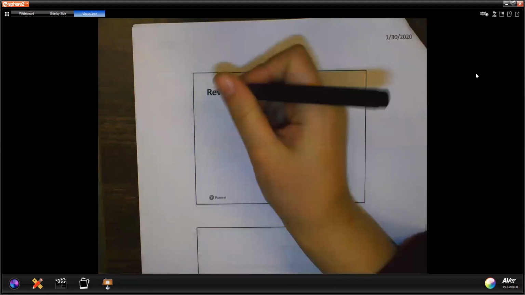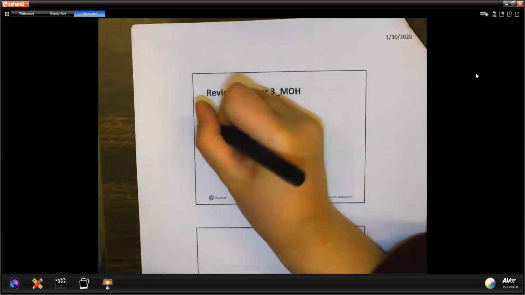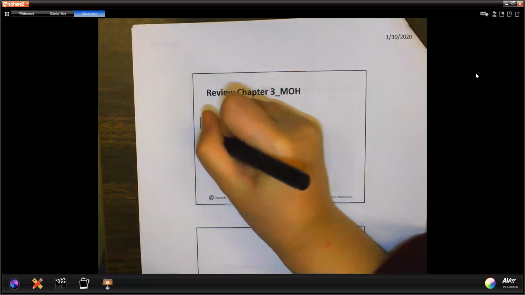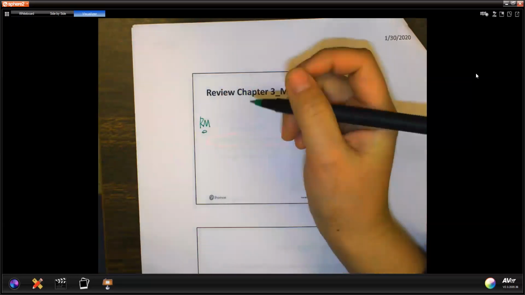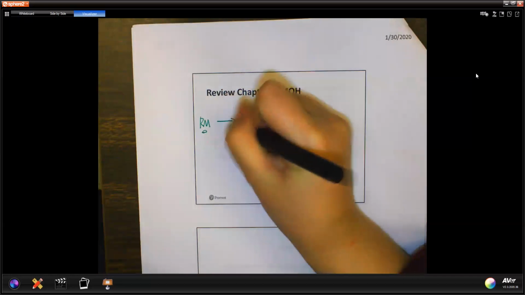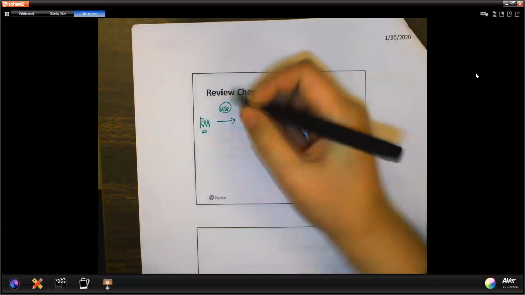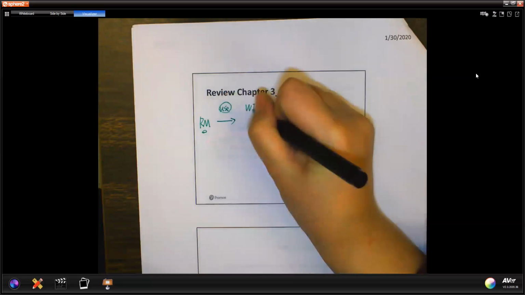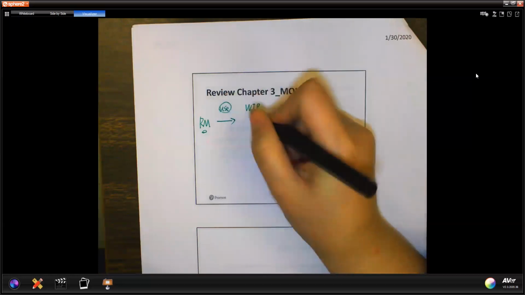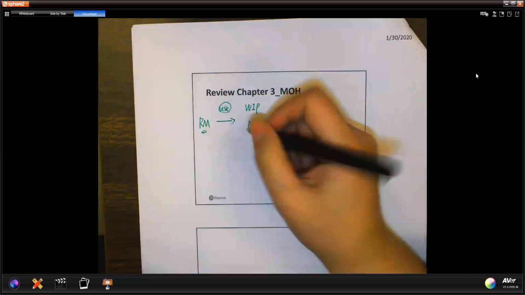What we have learned in chapter 3 is that the flow of the cost is you have the raw material, right? You purchase your raw material, you put it in your warehouse, and then when you use your raw material, it will go to work in process. So you will have work in process raw material, you will have work in process, and then direct labor.